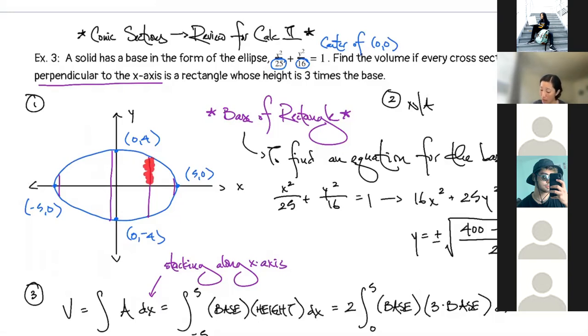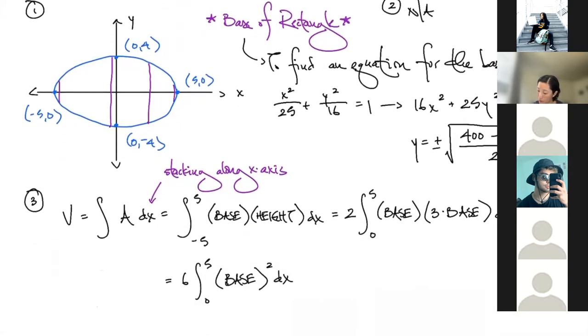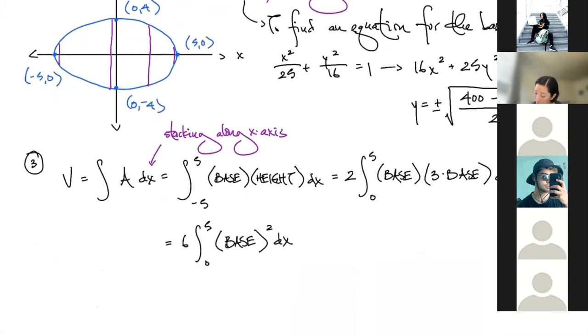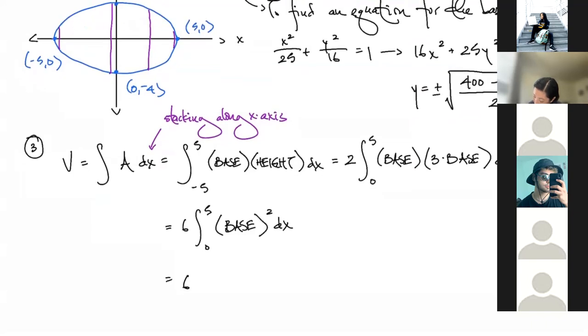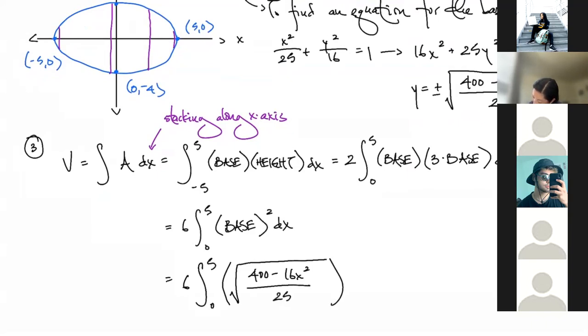But if I want the entire thing, I can go ahead and double it. So that means that for my base, I'm going to have the square root of this super gross looking thing. Correct? Incorrect?